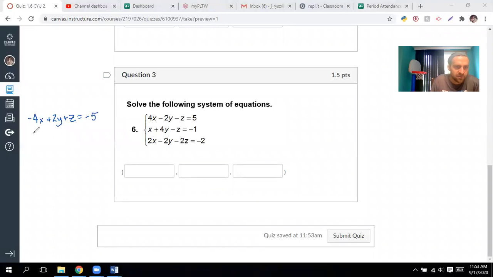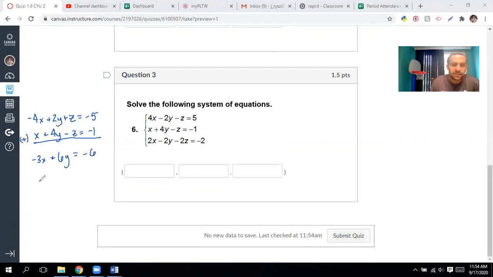I'll leave the middle row alone. x plus 4y and then minus z equals -1. So I can add these together and we get -3x. And then here we got 6y. The z's go away and we get -6.